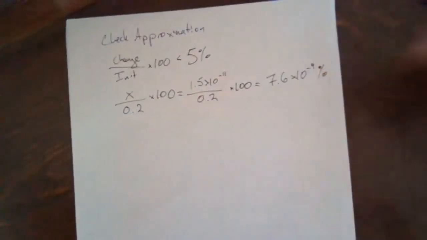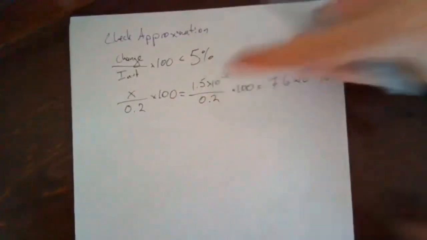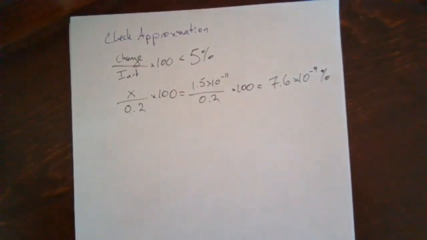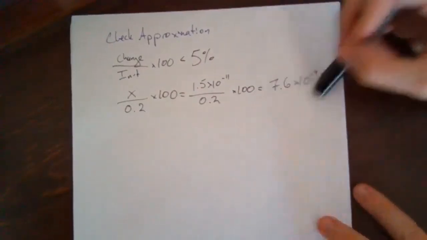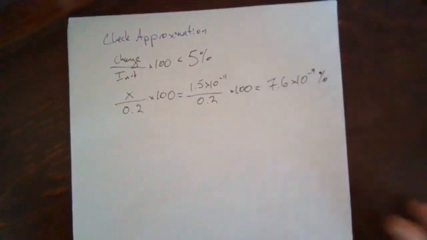That's a sign that this is very small. This percent change was very small, so our approximation that 0.2 minus x is 0.2 is valid. The error is 7.6 times 10 to the negative 9 percent, which is not error that's ever going to matter.